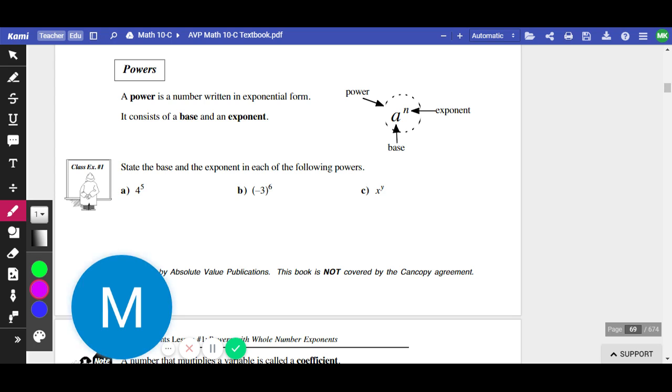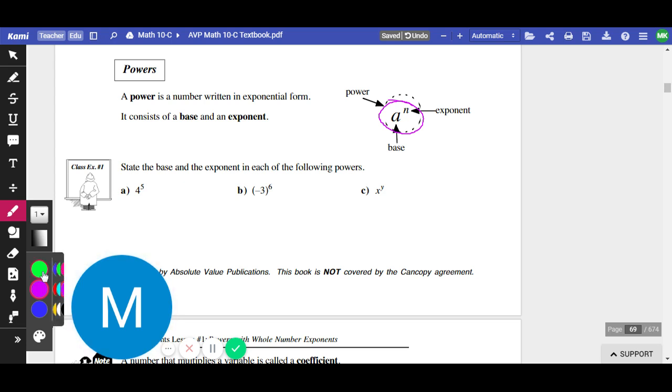The first word that we need to understand is power. So when I say a power, I'm talking about the entire thing. Like that is a power because it has something on the bottom and it has an exponent on the top. So this is the power. In each power, you have 2 things. You have the exponent and you have the base. And this shouldn't be anything new to us.